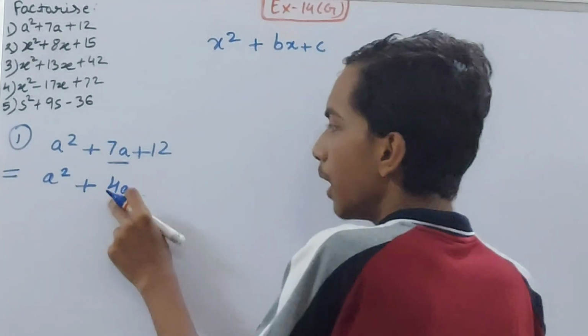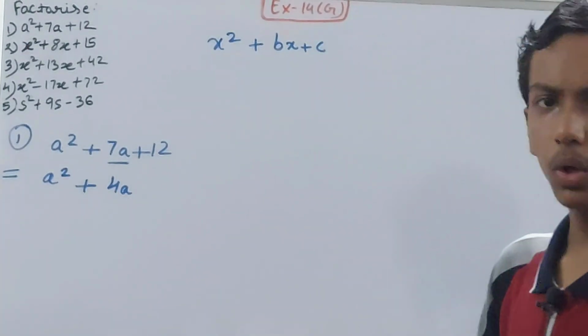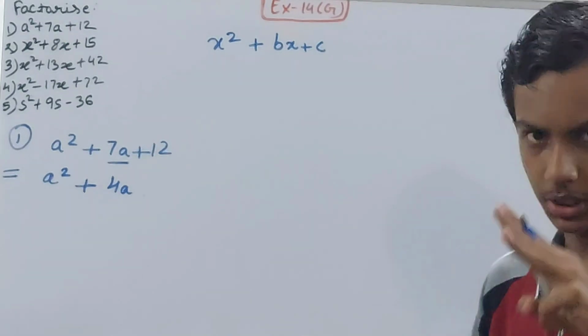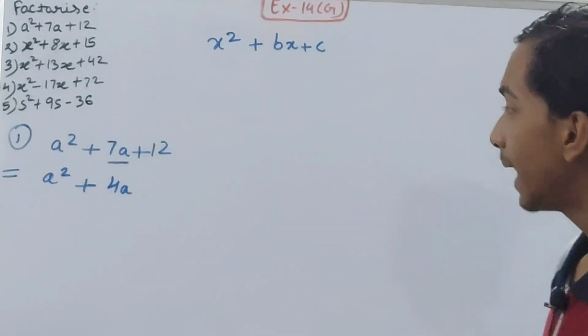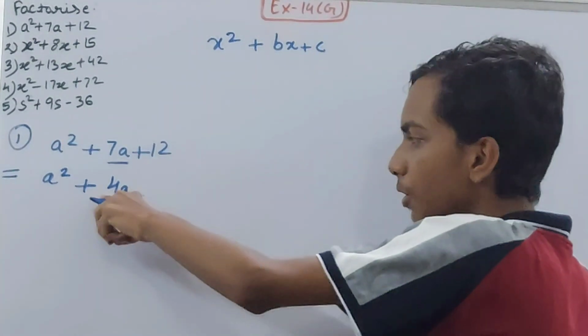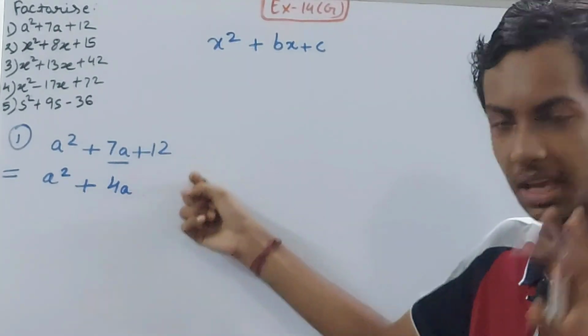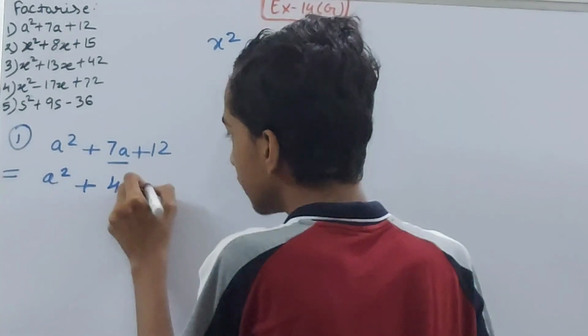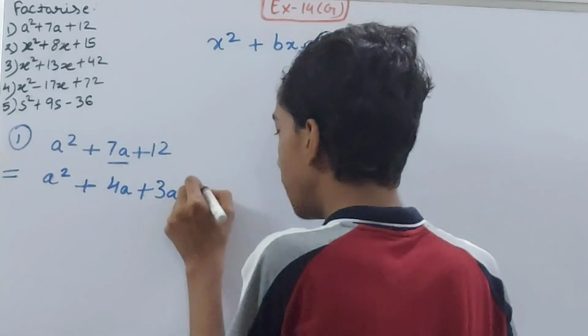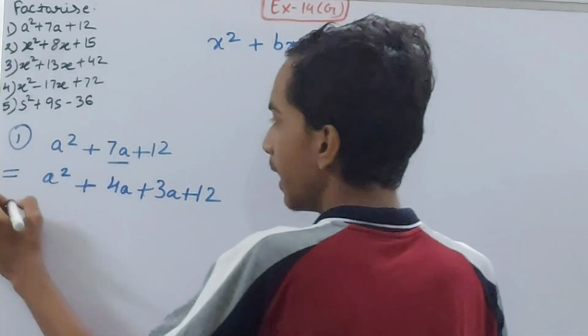Now see, in 4 what do we need to add that we get 7a? 3a, right? And now what do we need to multiply 4 with to get 12? 3. So it is the same. So 4a plus 3a plus 12, right?